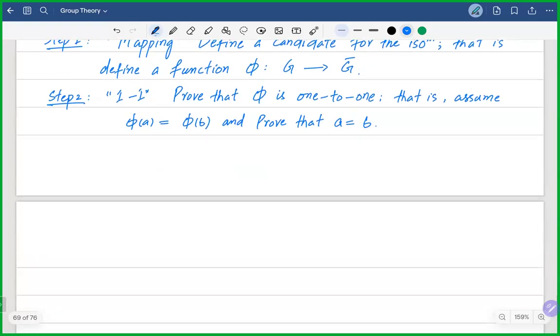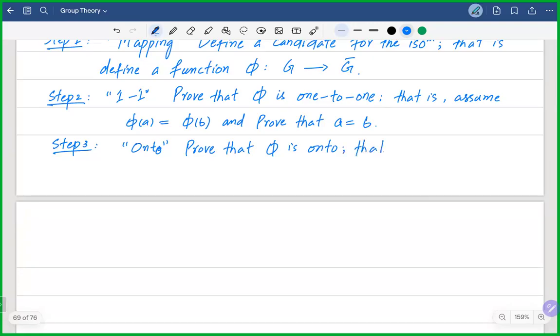Okay. Step 3 says that you need to check onto. Okay. Now you need to prove that phi is onto. Okay.